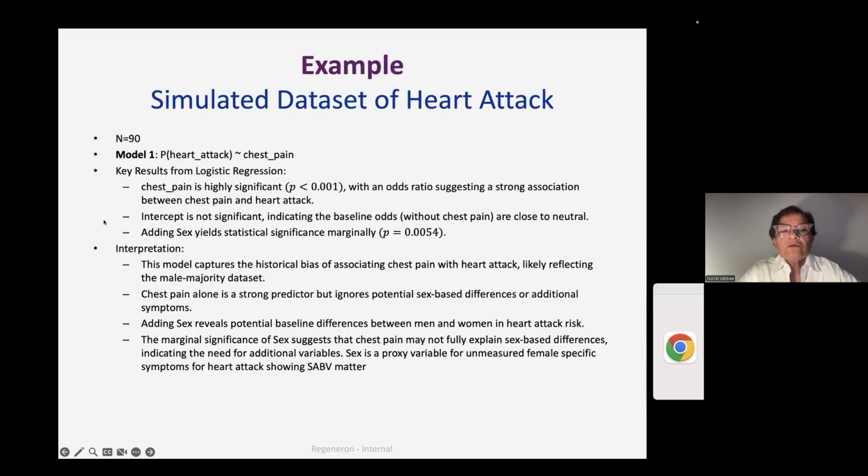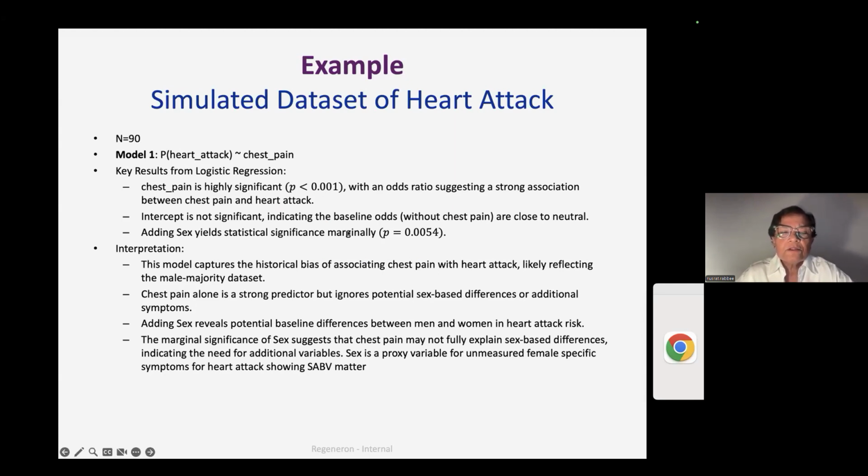So the first model is model one. You model the logit of the probability of heart attack with chest pain. And from logistic regression in my simulated data set, you would obtain, obviously, because I set up the data with a very high significance threshold here, an odds ratio suggesting a strong association between chest pain and heart attack.